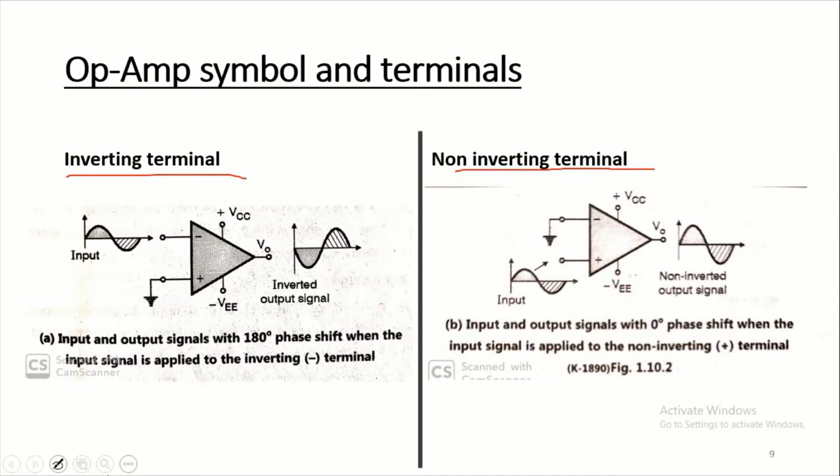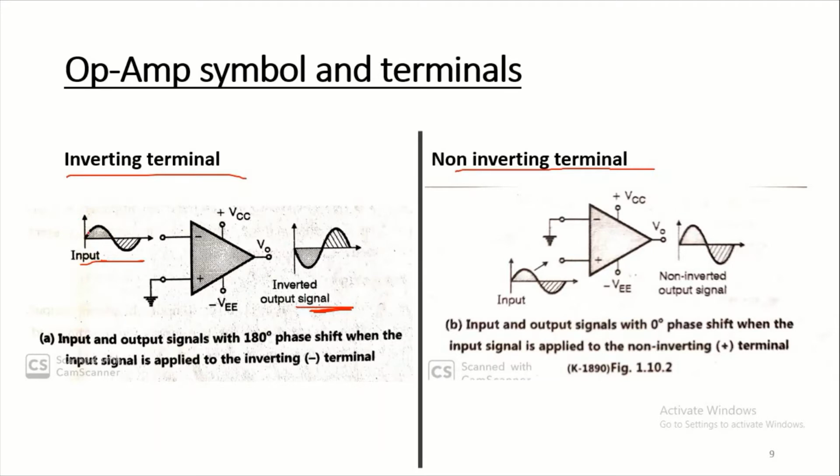The input terminal marked with the negative sign here is called an inverting terminal and it is denoted by capital I. If we connect the input signal to this negative terminal, then the amplified output will be 180 degrees out of phase with respect to the input signal, as you can see in this figure.